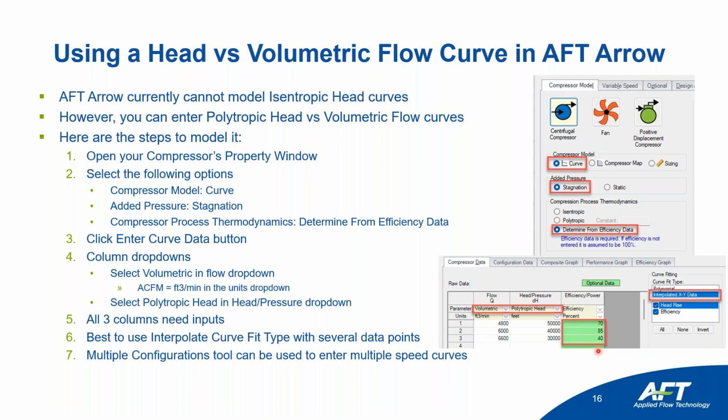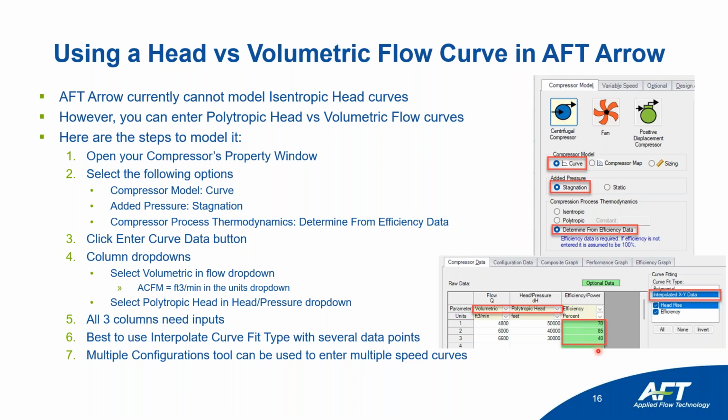So to wrap things up here and actually get to the meat of it, we'll talk about using a head versus volumetric flow curve in AFT Arrow. Sadly, AFT Arrow cannot currently model isentropic head curves.